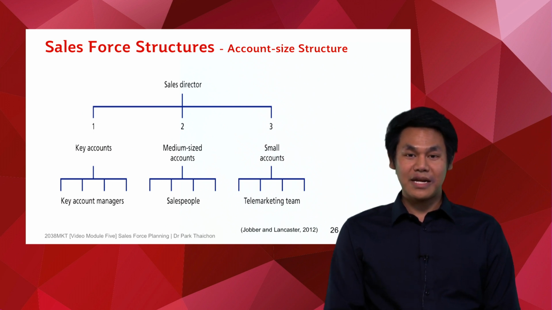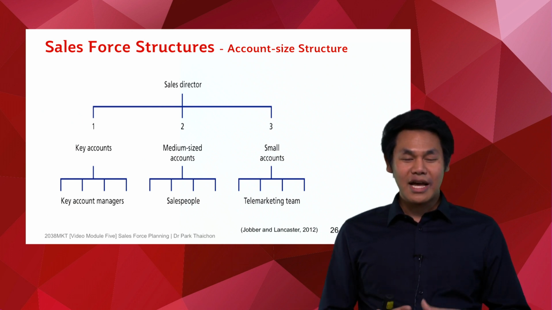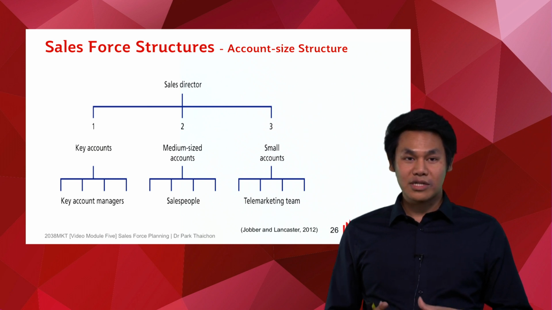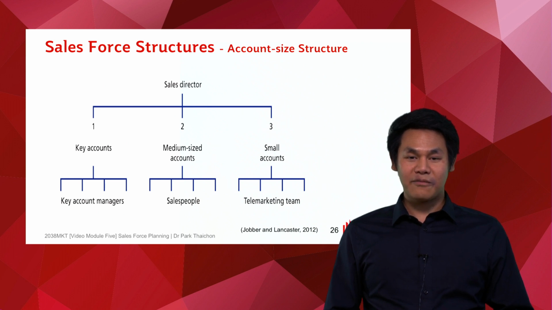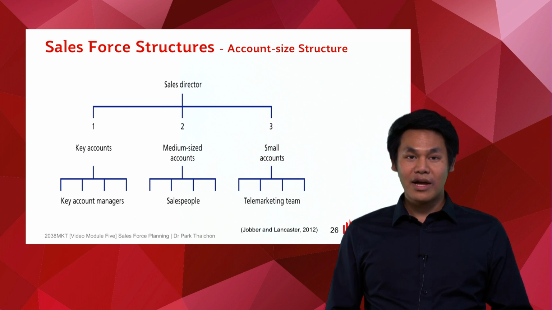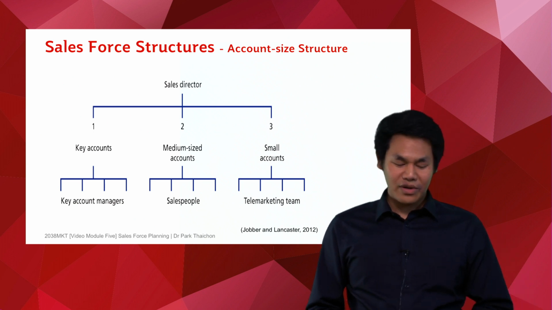If the customer spends a lot of money, or has high potential to spend a lot of money or stay with us for a long time, we call it a key account. If they have a middle range of potential spending, we call it a middle-size account. And customers who spend a little money, we call a small account.